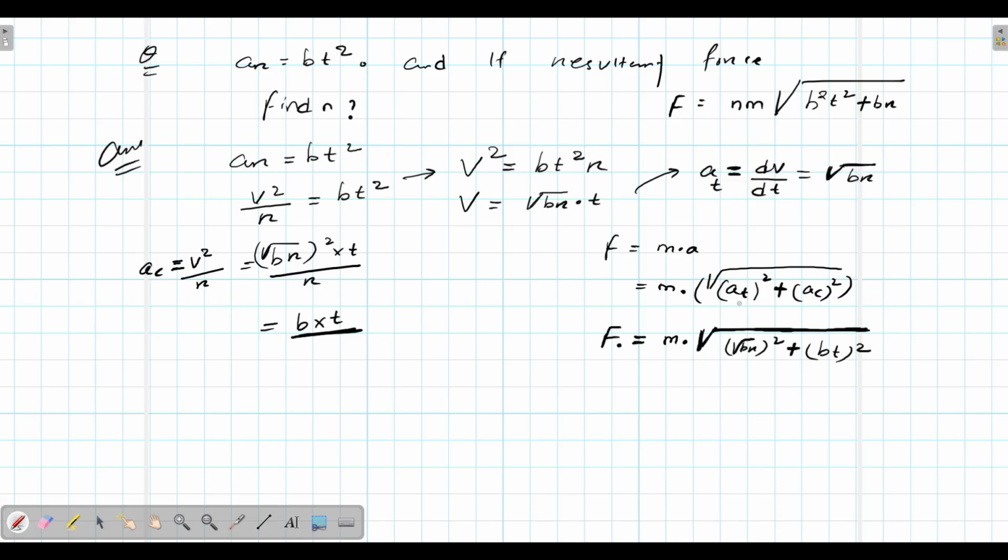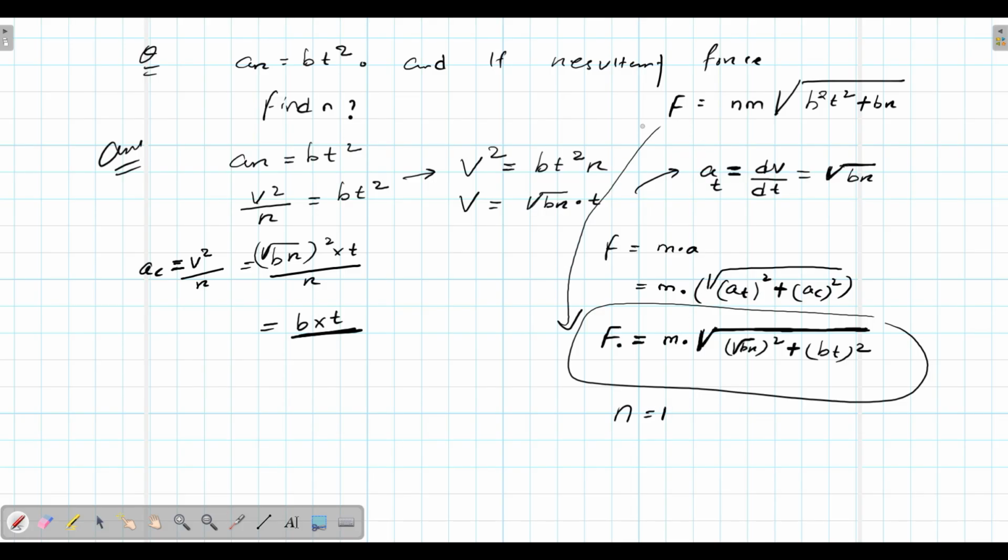That is the resultant. So solving this, comparing with this value, n equals 1.